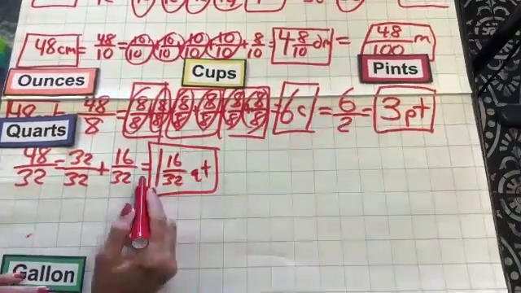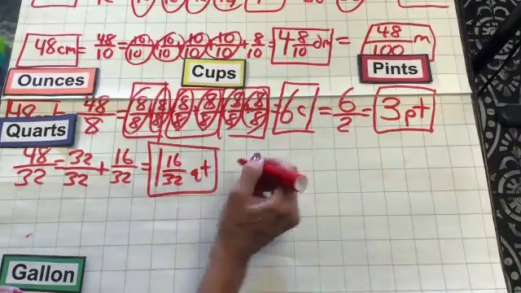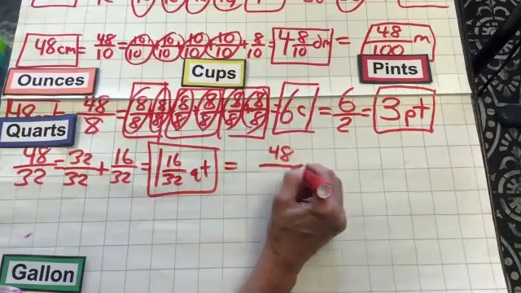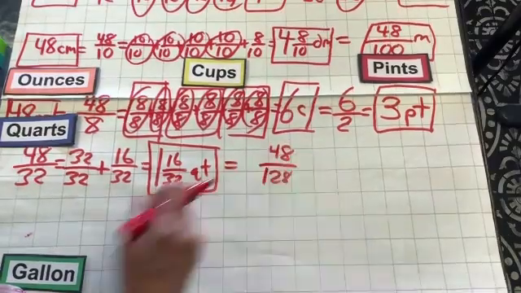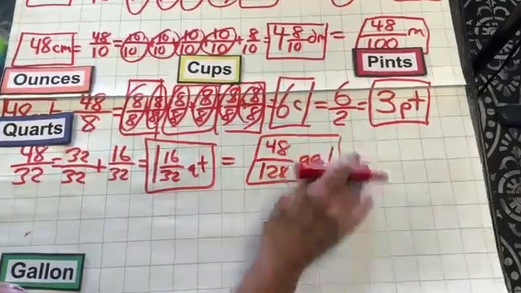So 3 pints is the same as 1 16/32 of a quart. And then, of course, we have 48 out of 128 of a gallon.